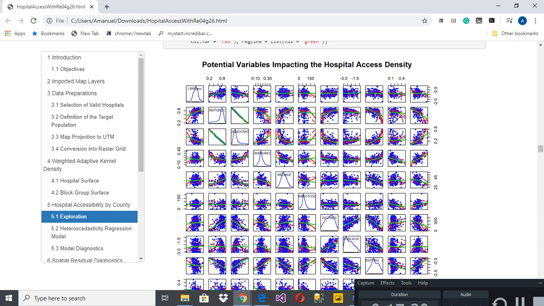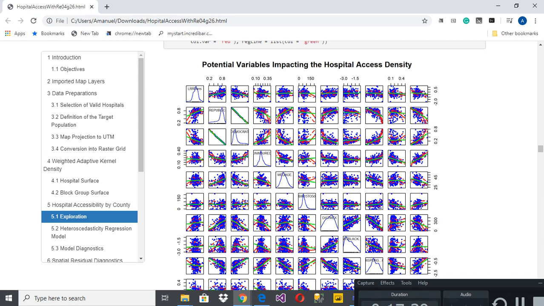Insurance doesn't have any effect, and median age as well doesn't have any effect. The birth rate areas have high demand, but the access is low.